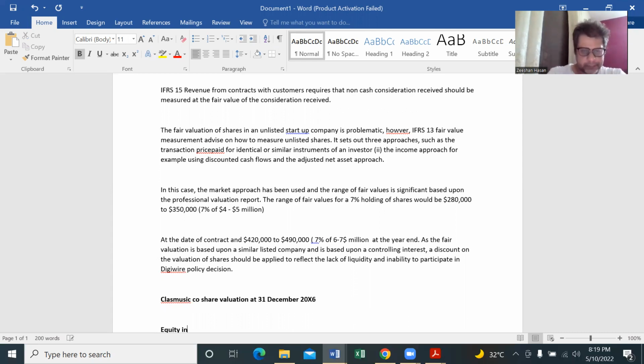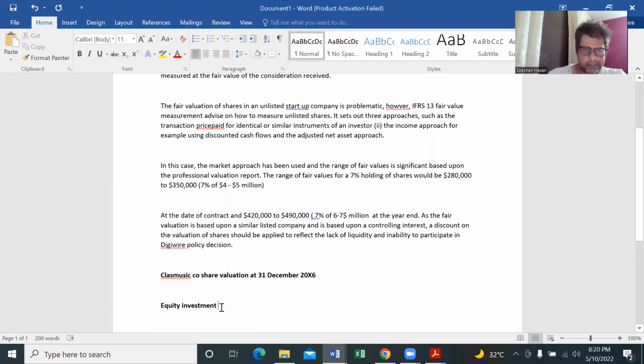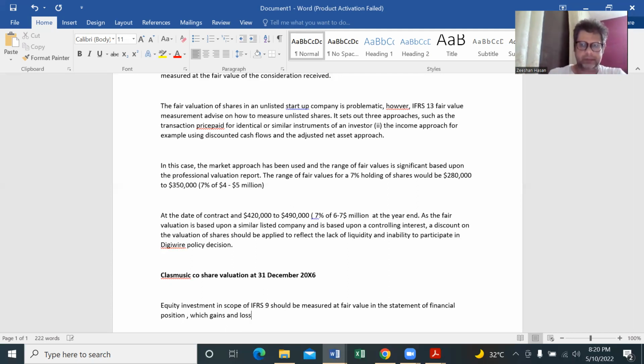Equity investment in scope of IFRS 9 should be measured at fair value in the statement of financial position, with gains and losses on remeasurement recognized in profit or loss.